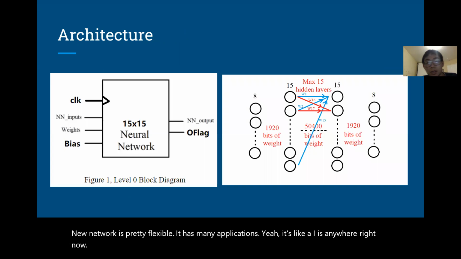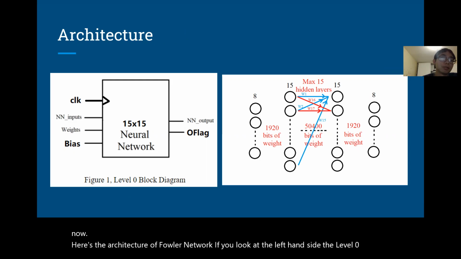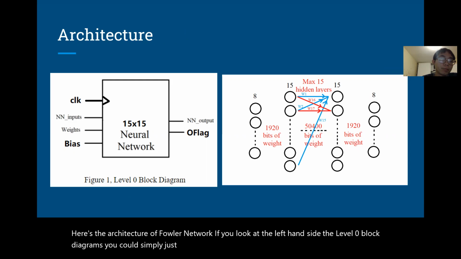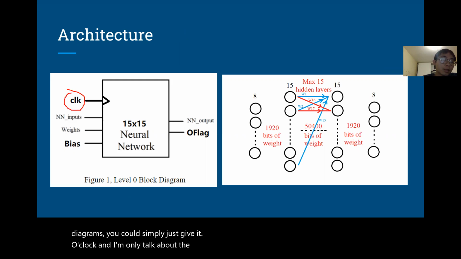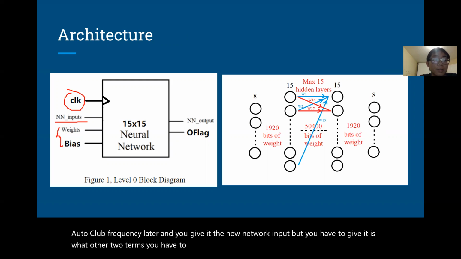And here's the architecture of our network. If you look at the left-hand side, the level 0 block diagram, you simply give it a clock, and I'm going to talk about the clock frequency later. And you give it the neural network input. The other 2 things you have to give it are the weights and the bias.